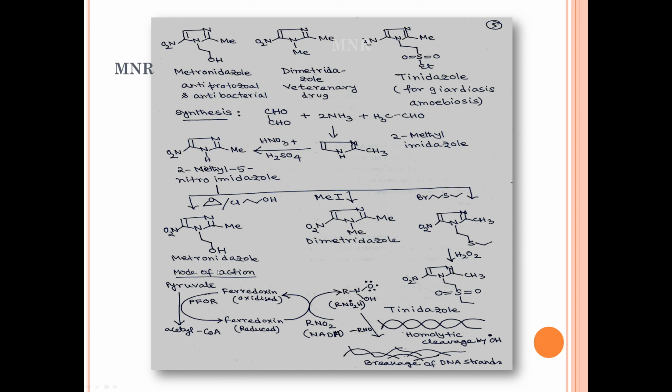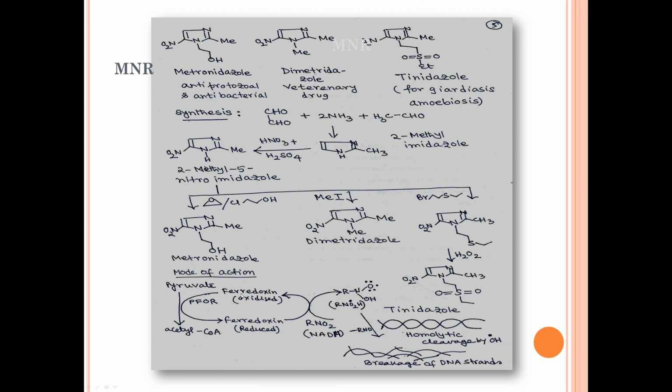Now let us consider the mode of action. We already know they are responsible for breaking the DNA helix. So let us see. There is the conversion of pyruvate to acetyl coenzyme A, and that is a redox cycle.